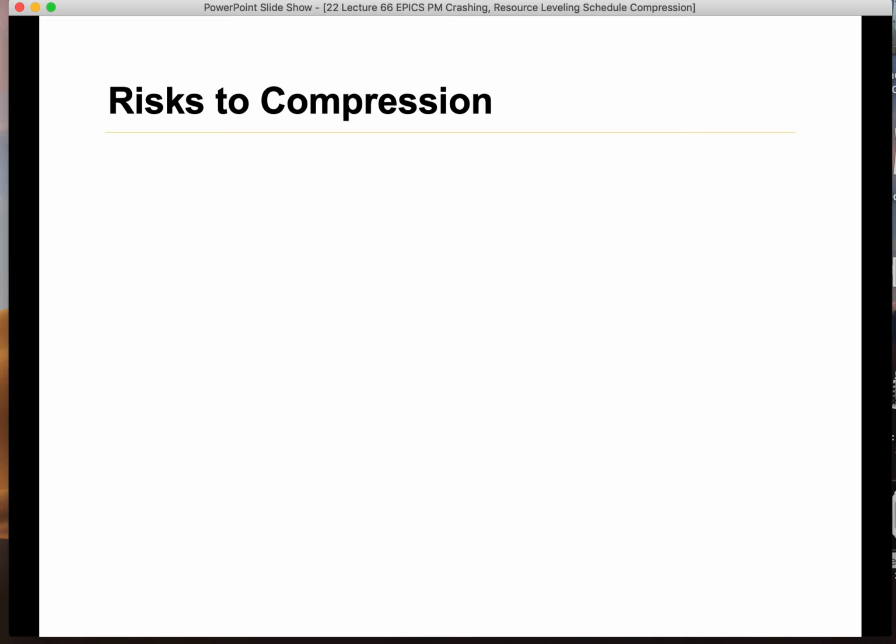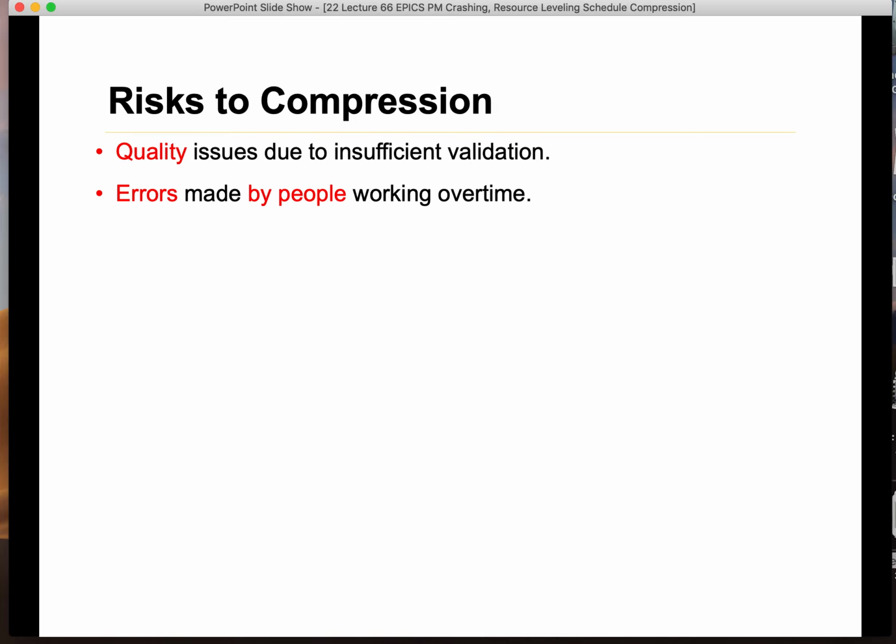People will be working hungry and not motivated, and there will be some injuries, and people forget to do some important tasks. So quality will go down, motivation will go down. Everybody will be tense, intense and angry. So be ready for those kinds of things if you really want to crash with overtime: quality issues, errors. People will make more errors, right?